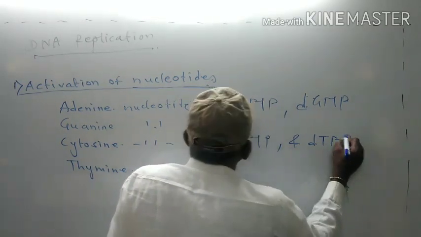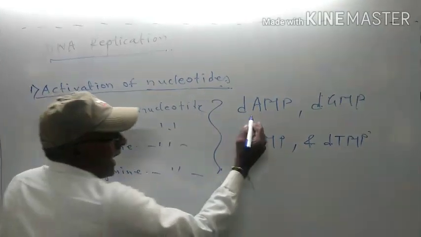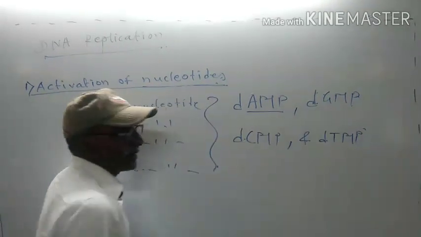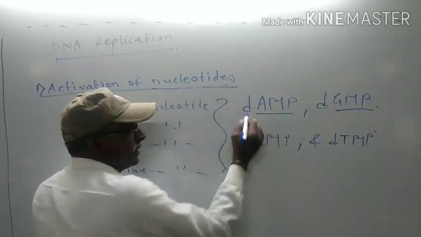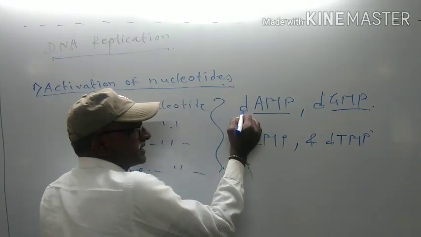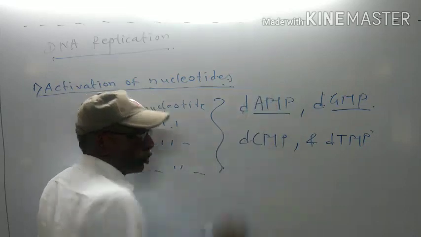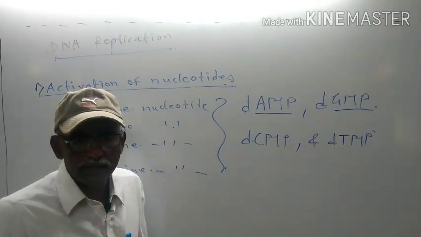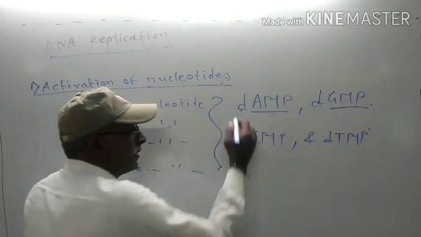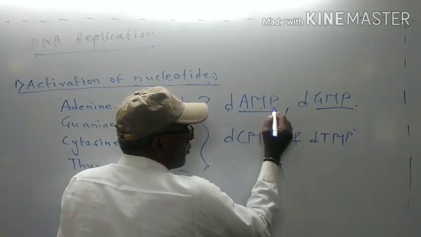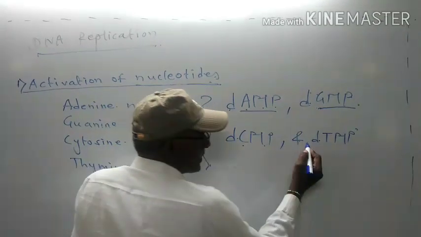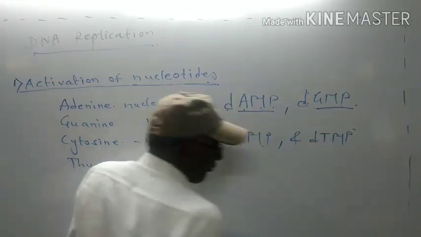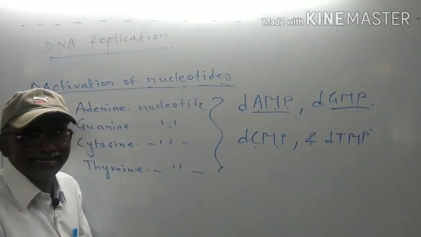Adenine monophosphate, guanine monophosphate, cytosine monophosphate, and thymine monophosphate. D stands for deoxyribose nucleotide. This is the deactivated state.